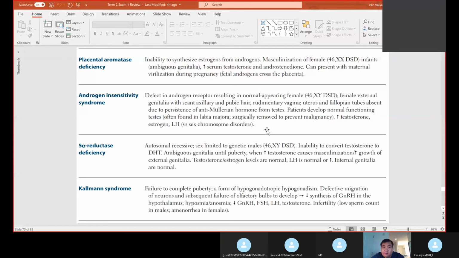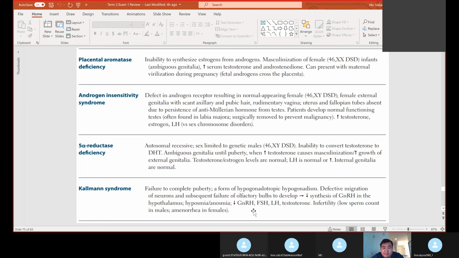When you're in puberty, you have increased testosterone. It causes masculinization and growth of your external genitalia. Internal genitalia are normal, right, for your 5-alpha reductase deficiency. For Kallmann syndrome, think about hyposmia or anosmia. There's something wrong with your smell, basically.